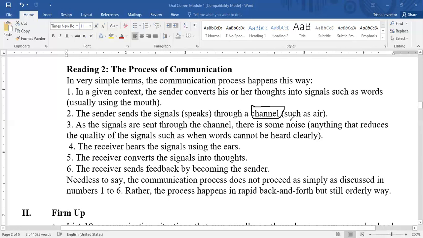So, when we are having a face-to-face conversation, basically our channel is air. When you are facing your friend and you're talking with each other, of course the channel is air, because air is what is in between the two of you.